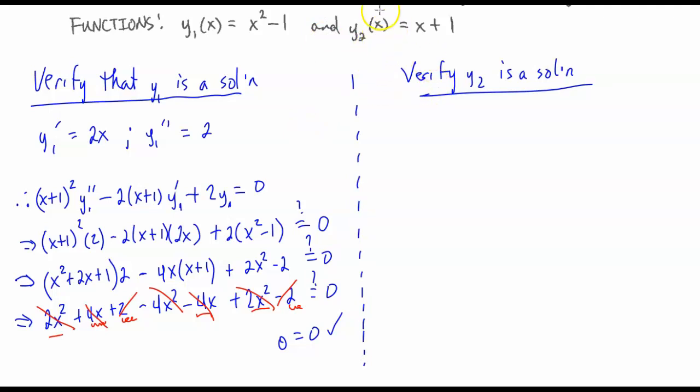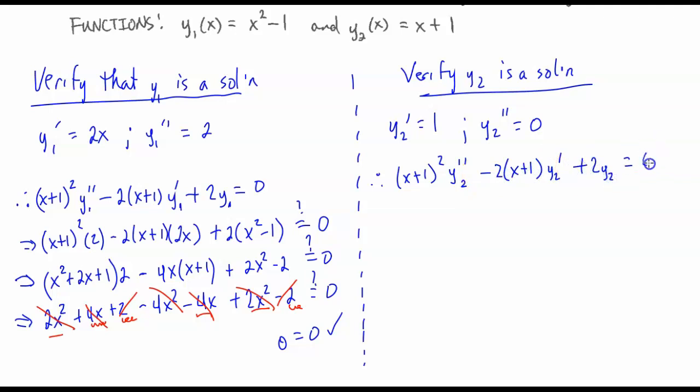We'll do the same thing with y2 now. So y2 prime, the derivative of x plus 1 is just 1. And the second derivative, y2 double prime, is 0. So again, we have our equation here, and this is y sub 2 now. Is this going to equal 0? Well, we know for this first term here that all that's just going to be multiplied times 0.